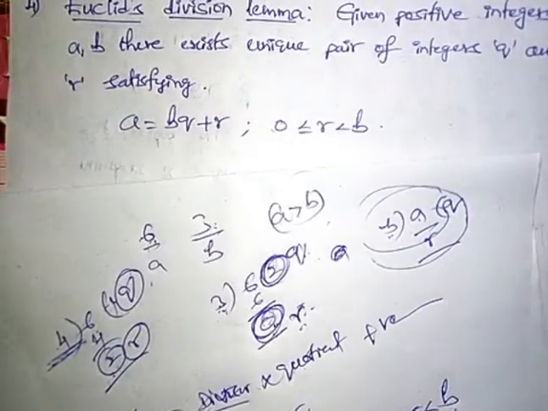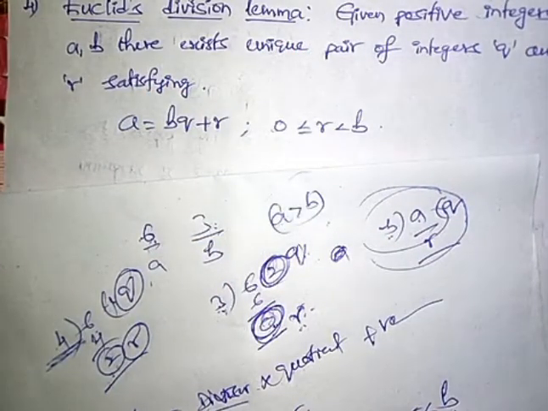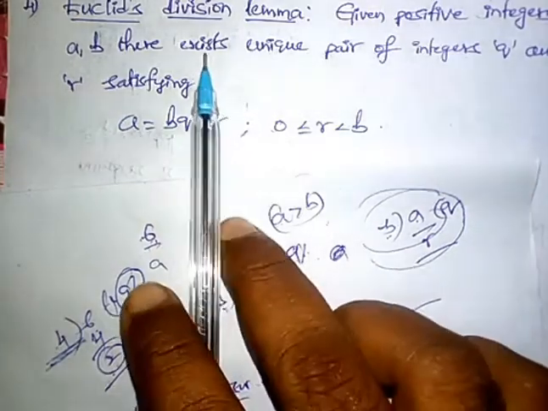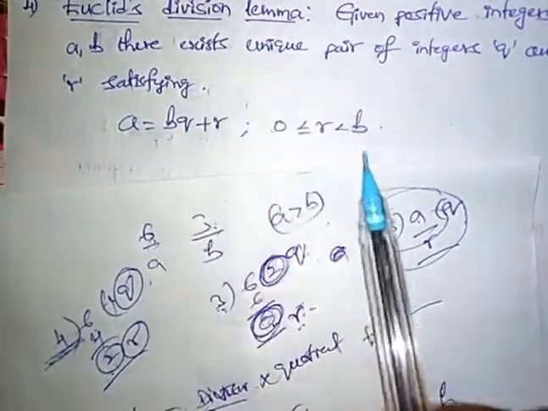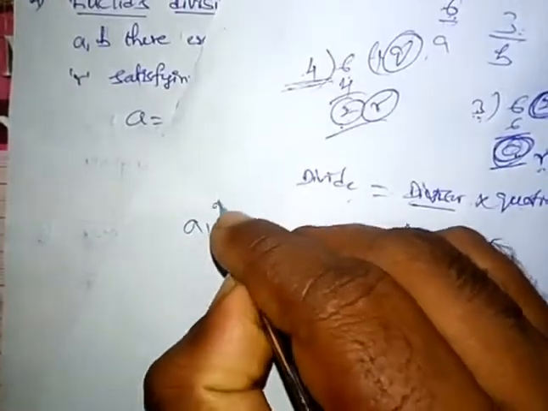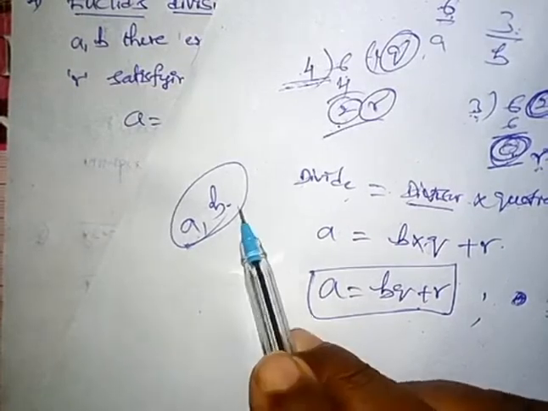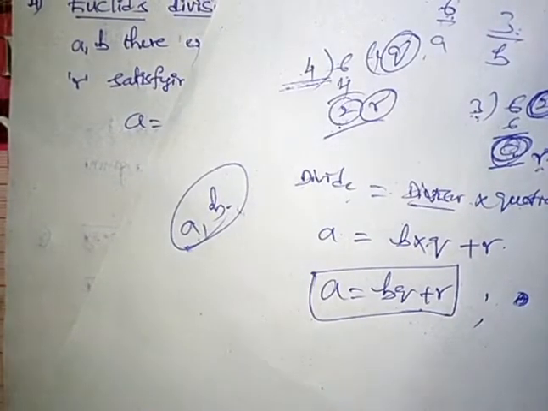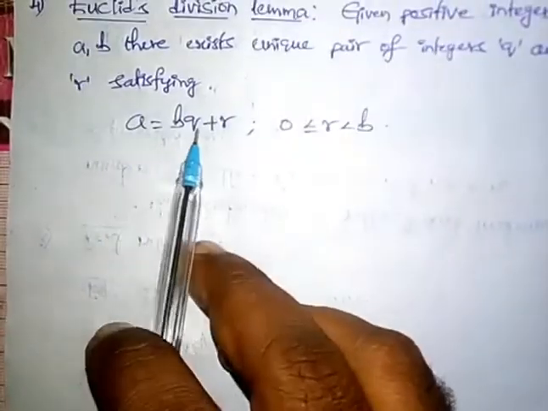So Euclid's division lemma is nothing but the division of any two numbers. This is the concept given for the division of two numbers. If you do the division by taking any numbers, there exists a pair of numbers satisfying the division algorithm, that is a equal to bq plus r.